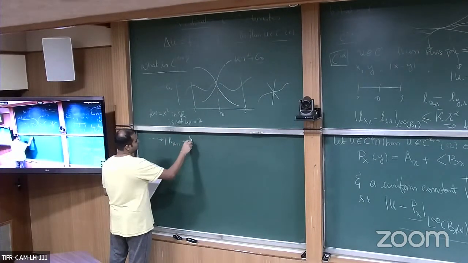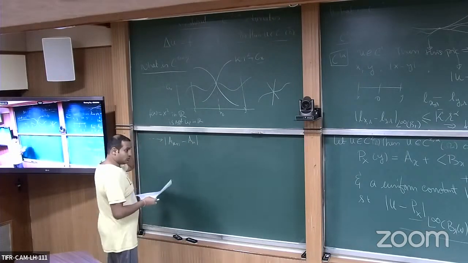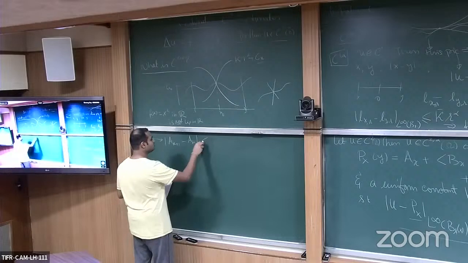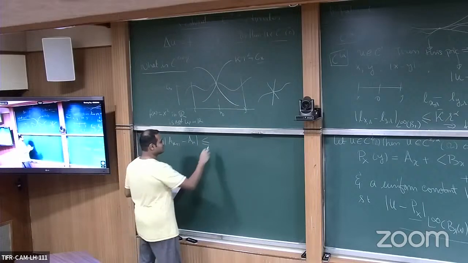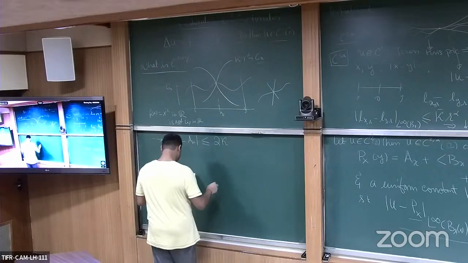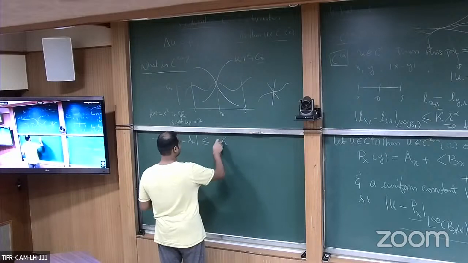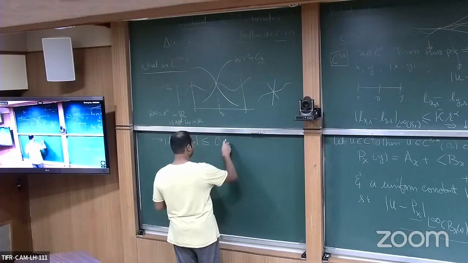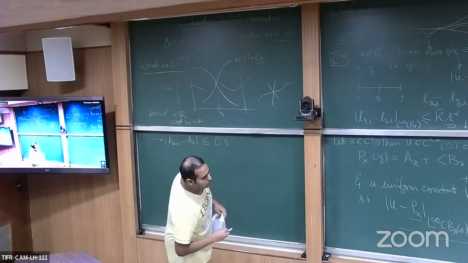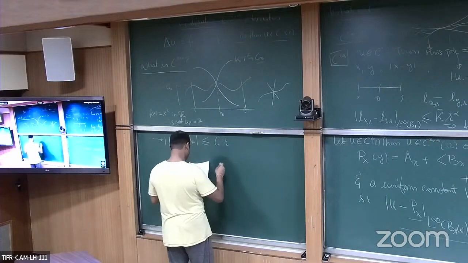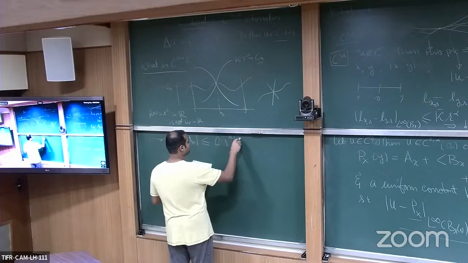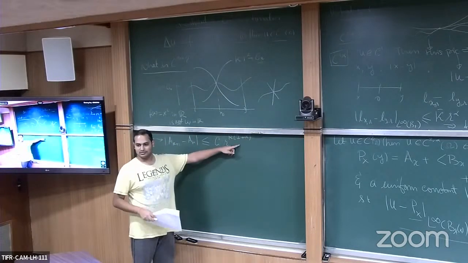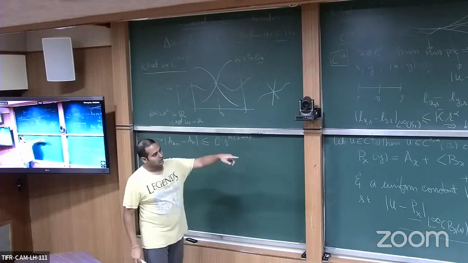A_{k+1} minus A_k, so there should be some rates. The constant, there is no rate in front of it. So at what rate should it go? Is it clear why this goes at this rate?